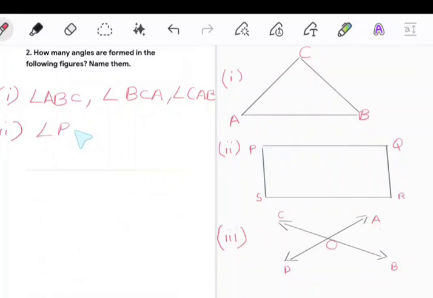Next angle, QRS. The next angle, RSP. And the last angle, SPQ. Okay.